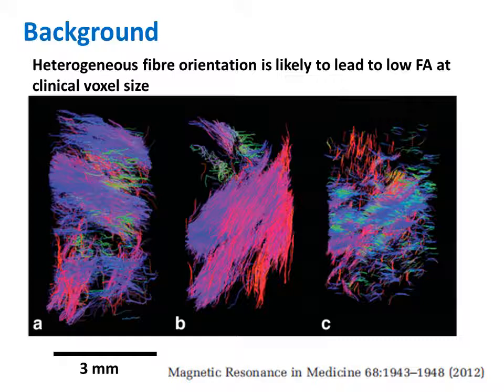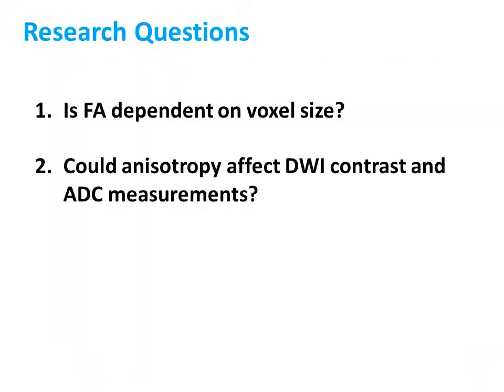So although we have high anisotropy at high spatial resolution, it's quite likely that in clinical size voxels this kind of heterogeneity of the fiber orientation is going to reduce the apparent FA at that clinical resolution.